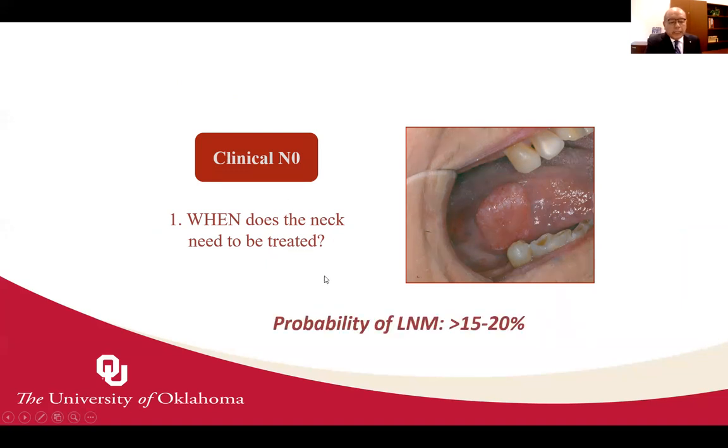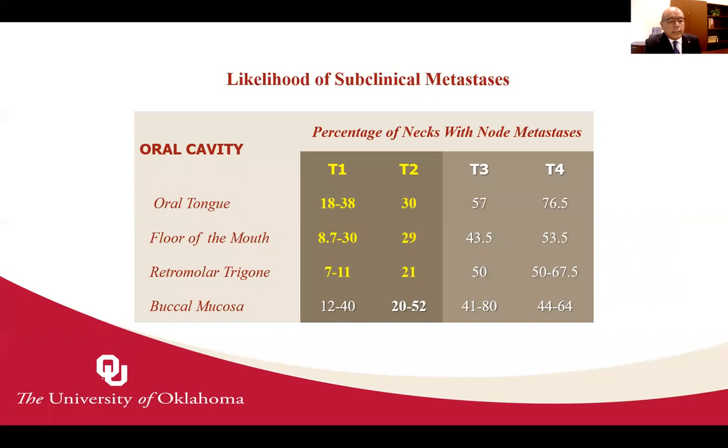And for many years, we have adhered to this threshold of probability of lymph node metastases of 15 to 20%. So with that in mind, if we look at the oral cavity, these tumors here will not be treated with surgery alone in the majority of cases. They will be treated with surgery and radiation or chemo.